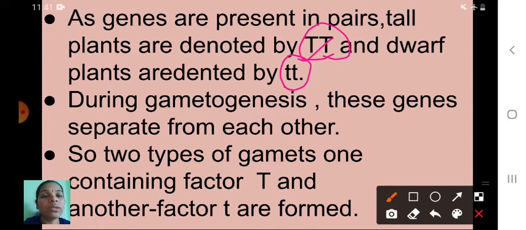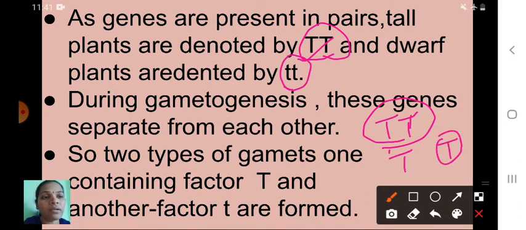So during gametogenesis, these genes separate from each other. So two types of gametes are formed, one containing factor T and another containing factor small t.